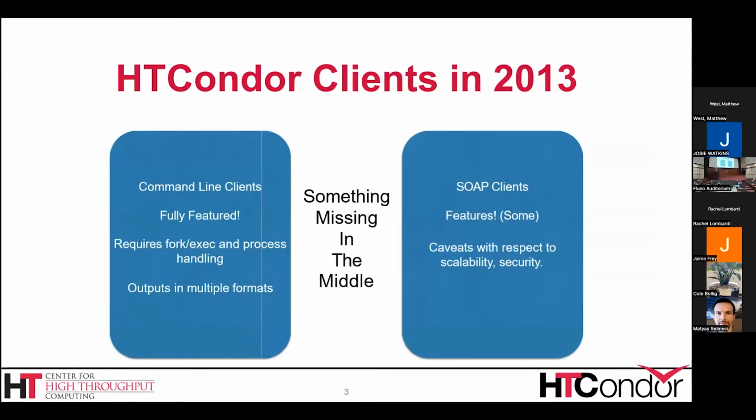If we go back a few years, approaching 10 years now, we have all these nice command line tools. Christina just demonstrated two of them, condor_q and condor_history. Pretty much anything you probably want to do with Condor, you can do with these command line tools.